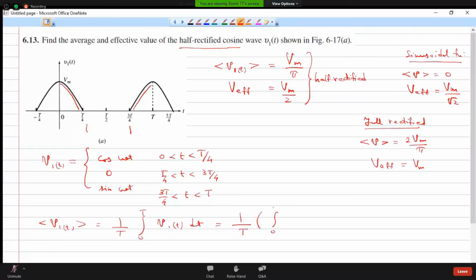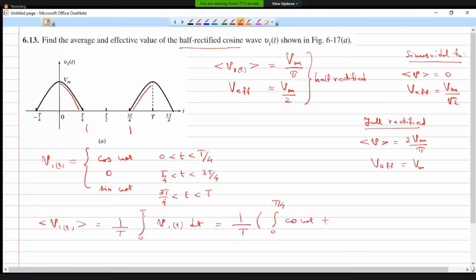For example, from 0 to T by 4, it has a value of cos omega t, and for this interval, it is carrying a value 0. So let us skip it because the integral will also yield 0. And for the remaining portion, that is 3T by 4 to T, it is carrying a value sine omega t.